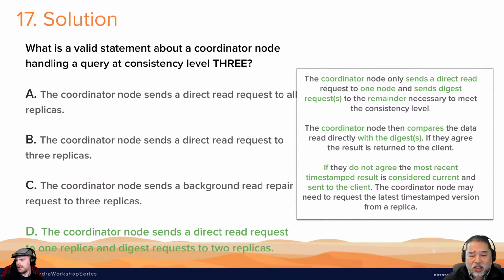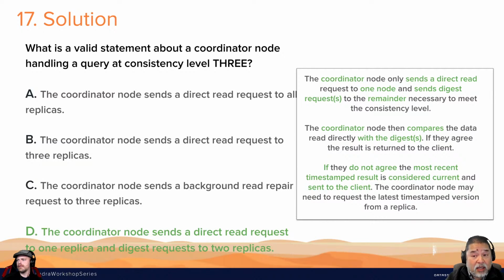If we take a look at this, keep in mind, fundamentally, Cassandra is designed for performance at scale. So the consistency level of 3 means that the coordinator node needs to contact 3 nodes.